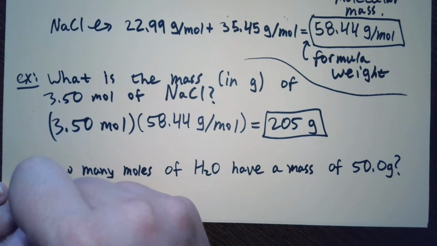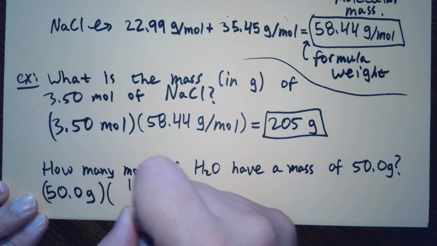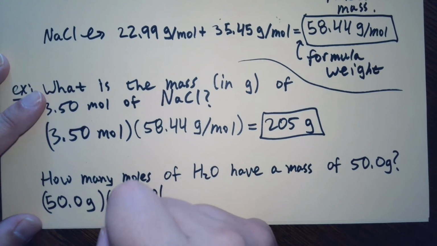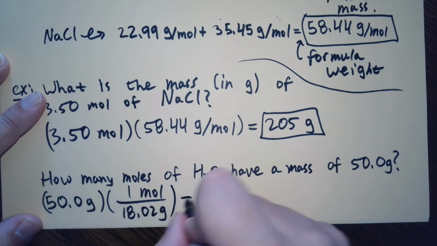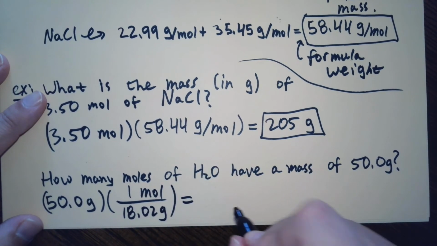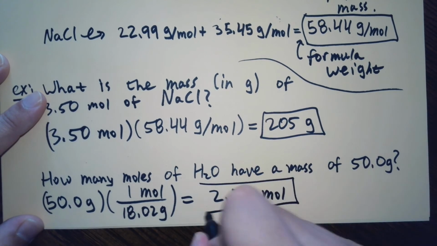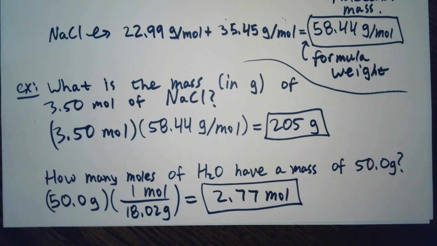So I guess I just carry out the conversion now. So it's 18.02 grams per mole, or it's 1 mole for every 18.02 grams. And that comes out to be 2.77 moles. That's it. That's all we have to do.